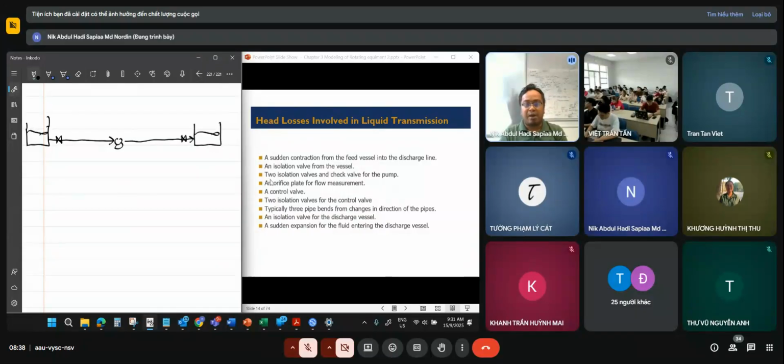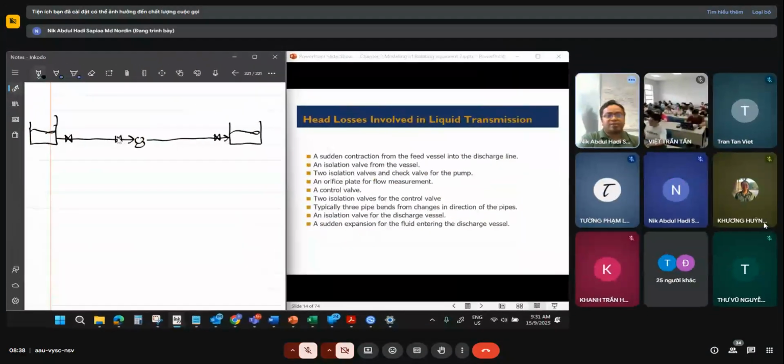Let's move on to the pump. The third point, we have 2 isolation valves and 1 check valve for the pump. Which means for this pump, we also have another isolation valve, and we have a check valve here.